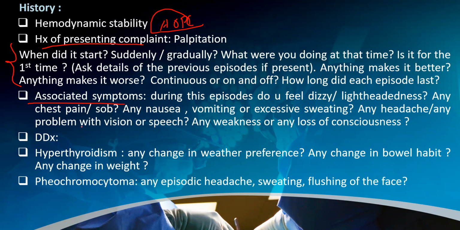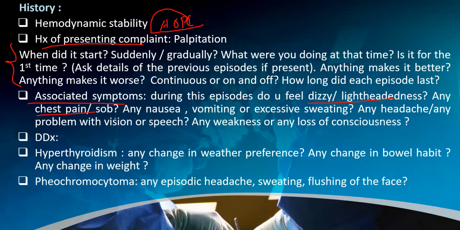So along with your racing of the heart, are you feeling any dizziness or lightheadedness? It's a very common associated symptom with palpitation that they feel dizzy and lightheaded. If they have dizziness or lightheadedness, your next question should be, anytime did you have a fall or lose consciousness because of that?